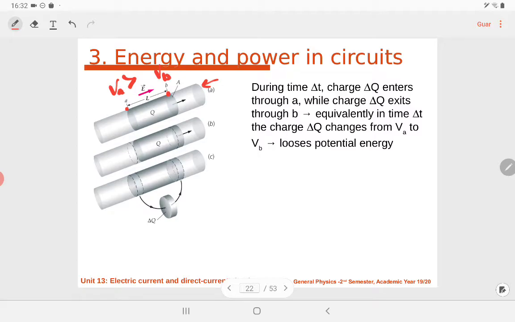If we think a little time later, after delta t has passed, then this amount of charge has moved to the right.